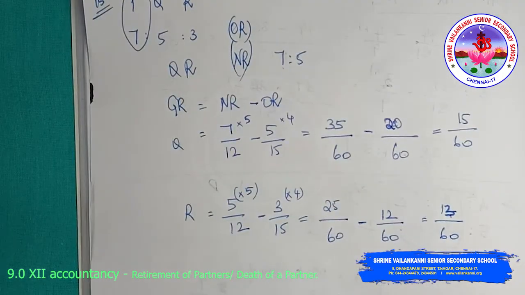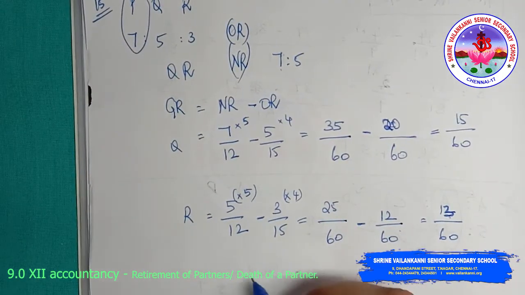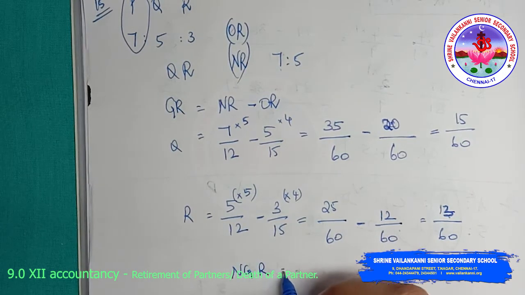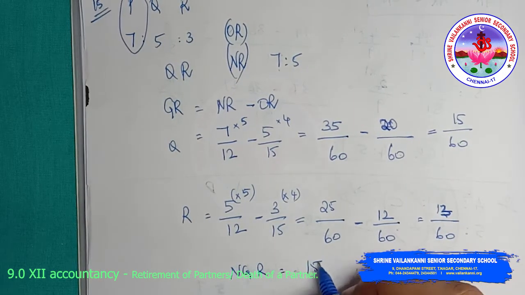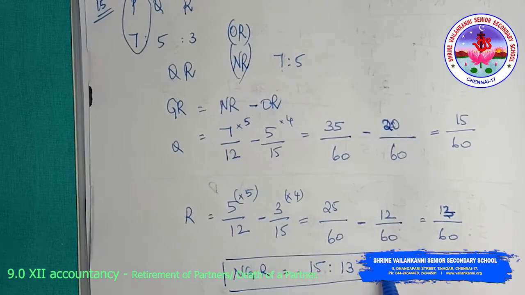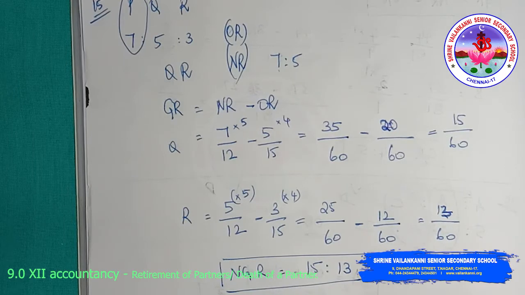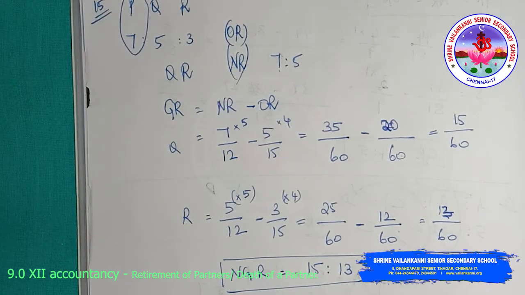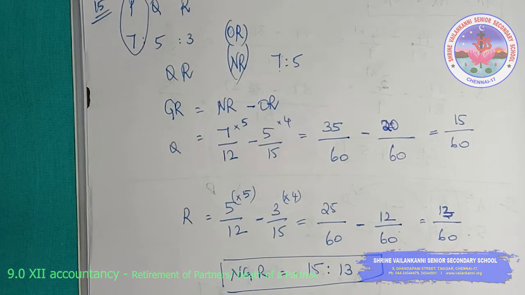So the new gaining ratio is going to be 15:13. So we have completed the first part, that is new profit sharing ratio and gaining ratio. Thank you class. I'll see you in the next video.